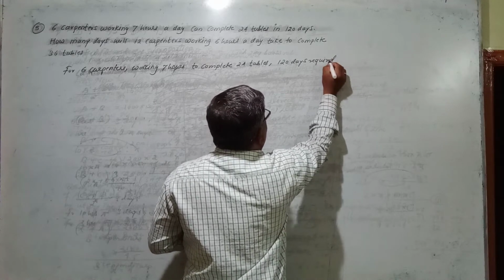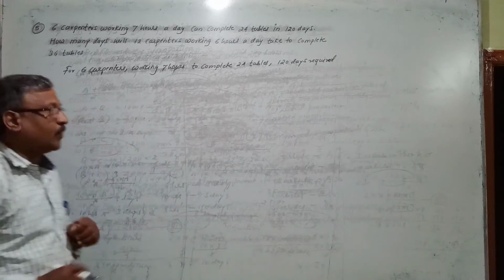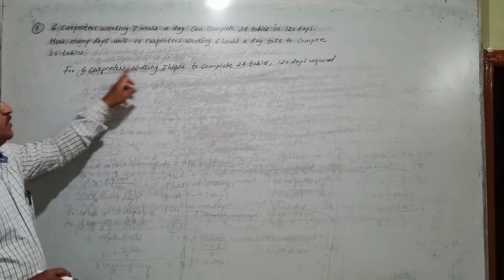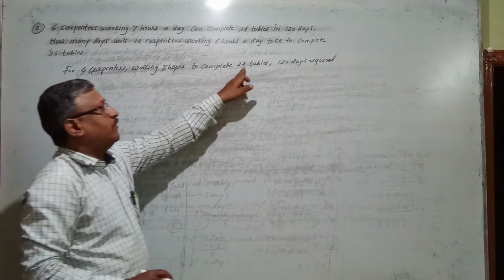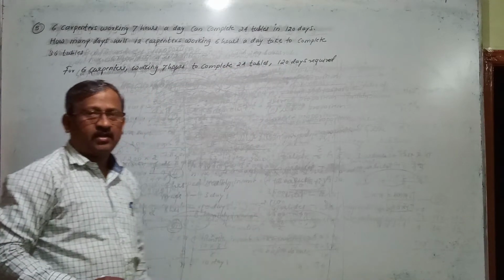This is the given to us, right? For 6 carpenters, if they work 7 hours daily to complete 24 tables, 120 days are required.